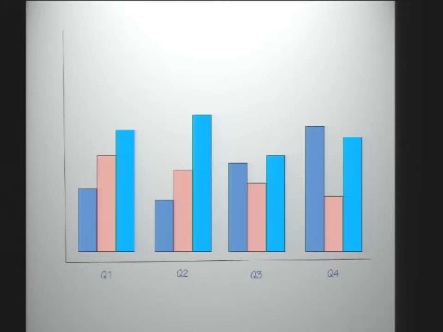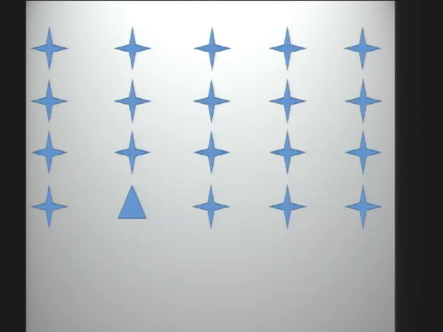Understanding proximity principles or Gestalt principles in general is also helpful if you want to make something stand out, which has obvious implications for highlighting. For example, if I told you to find the triangle here, that's very, very easy. Or if I said, find the star that's a different color, you can instantly do that. What's happening is that your visual system is doing certain operations before your conscious mind ever gets the information from it.